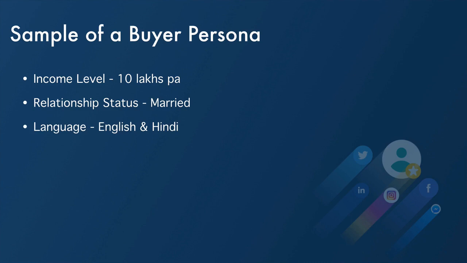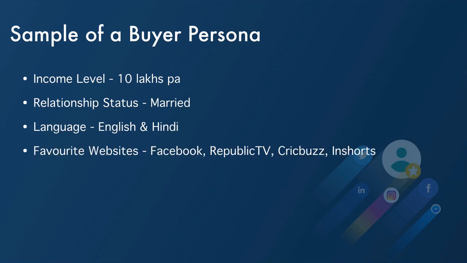And he speaks English and Hindi, and among his favorite websites, he usually uses Facebook. He's on Republic TV. Considering he likes cricket, he's on Cricbuzz and Inshorts. So all of these websites not only tell me a lot about him and the kind of content that he is consuming, but also give me an opportunity to advertise or write content on these websites.